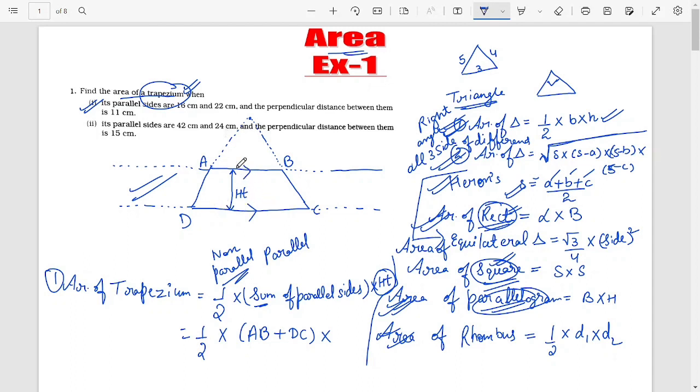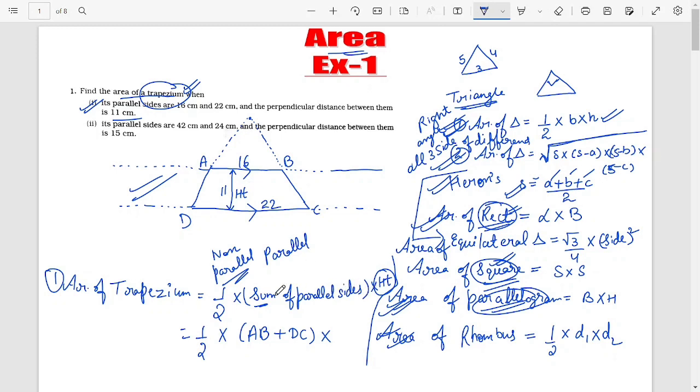The shorter side is 16, that means AB is 16, and the longer side is 22, that means DC is 22. The perpendicular distance between these two parallel lines, which we call height, is 11.